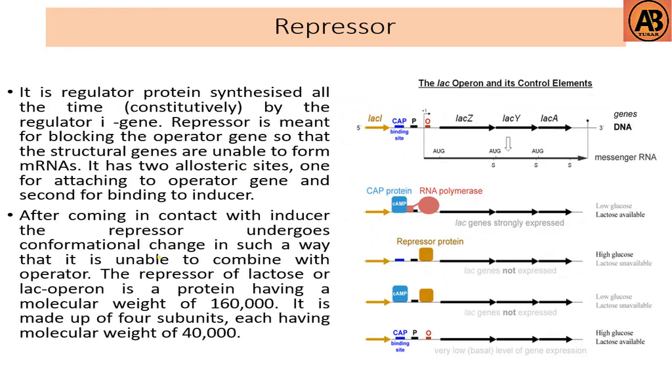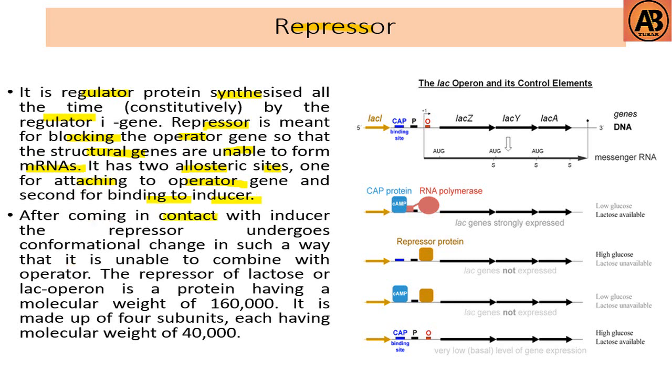Then repressor. It is a regulatory protein synthesized all the time by the regulator gene, I gene. Repressor is meant for blocking the operator gene so that the structural genes are unable to form mRNA. It has two allosteric sites, one for attaching to operator gene and second for binding to inducer.